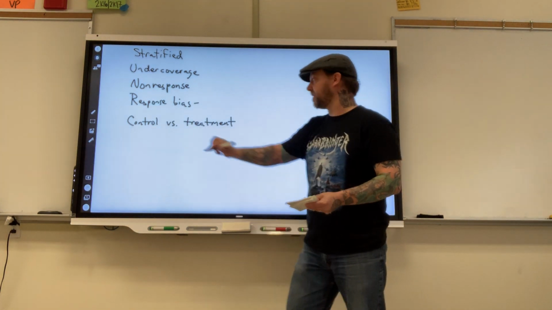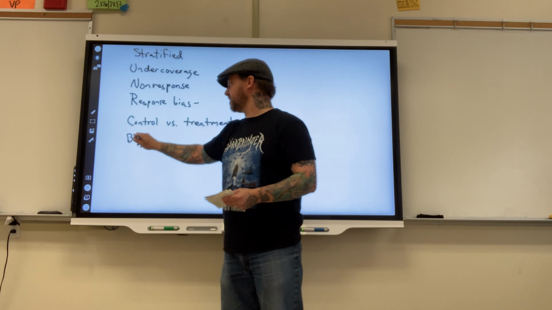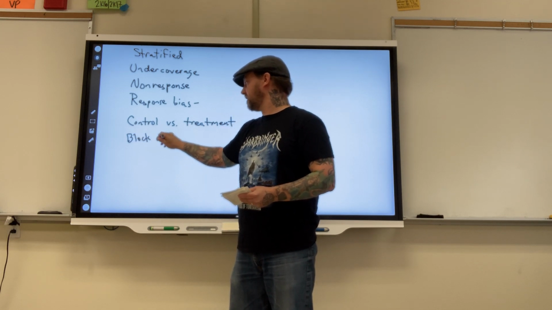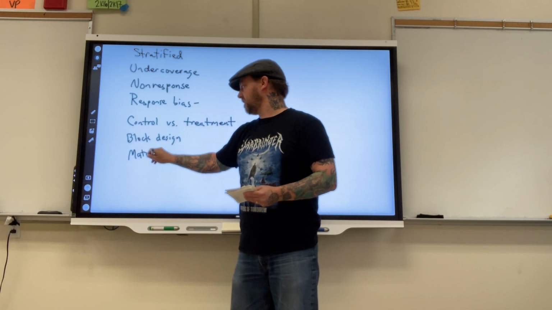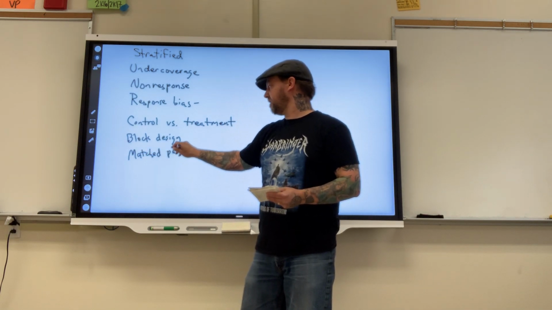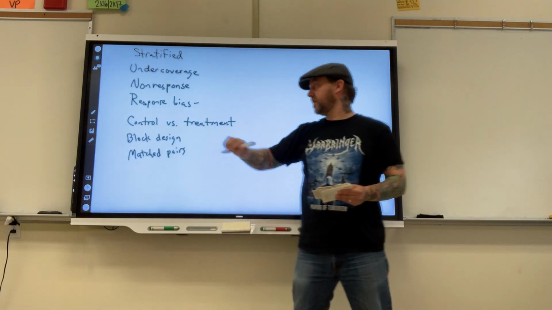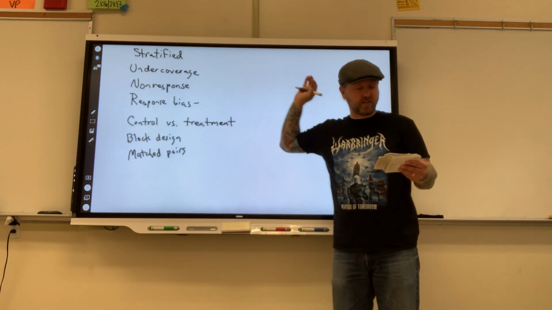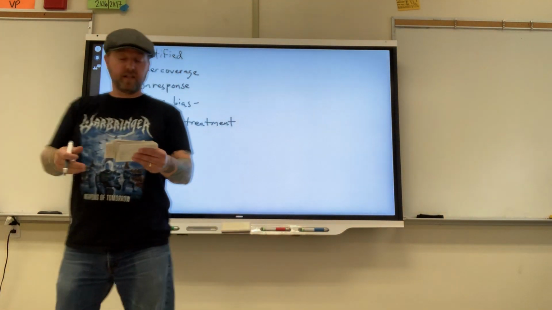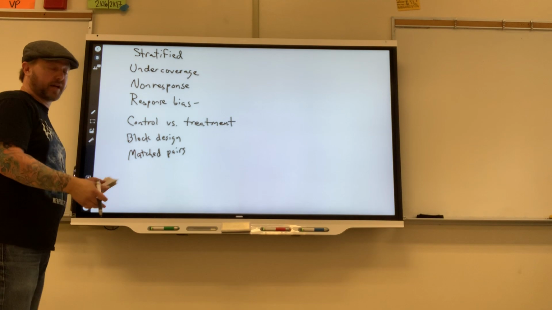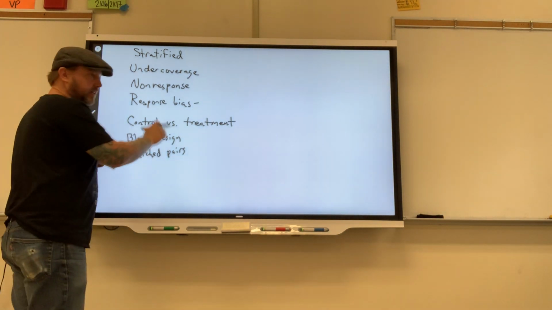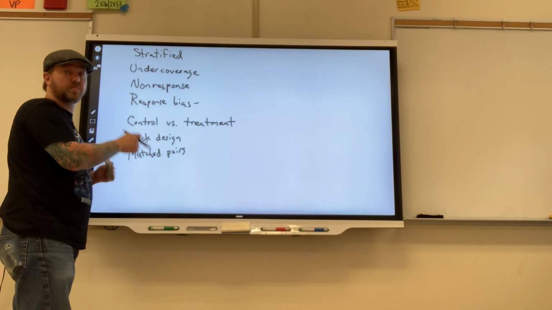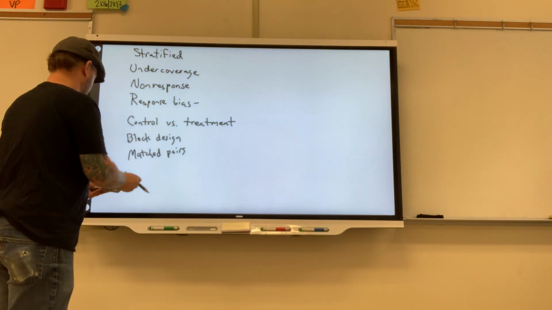We've talked about a couple of different experimental designs. Block design, matched pairs. In a block design, we separate the units into similarities, then randomize. With matched pairs, we give everybody both treatments, but randomize the order they get them in.